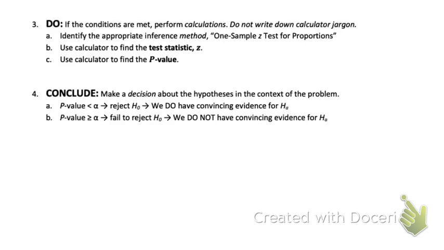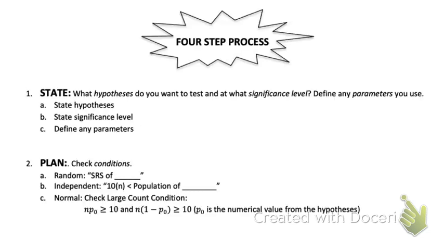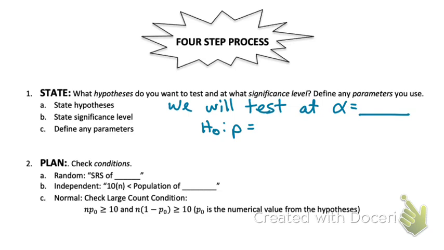Here's how you do the state for a significance test. Are we going to estimate? No, that's for confidence intervals. What are we going to do here? We will test at alpha equals whatever. You're going to have your null hypothesis that p equals whatever the claimed value is.